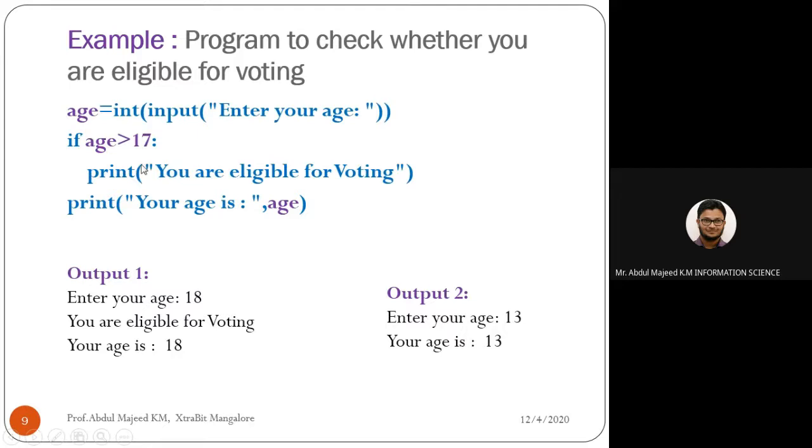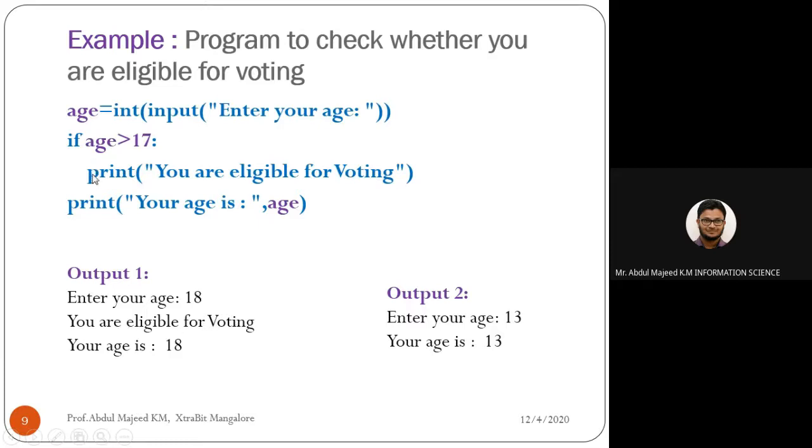Okay, so how does this program work? If you execute this program, we will get this output, enter your age. So you can specify your age. Here I have given 18. Okay, then it will check whether 18 is greater than 17, yes, 18 is greater than 17. So this message will be displayed, you are eligible for voting.